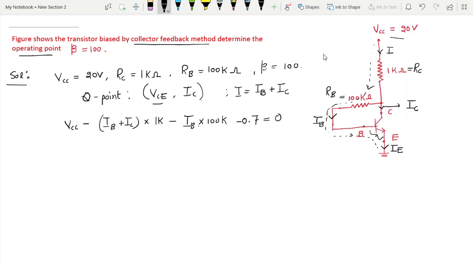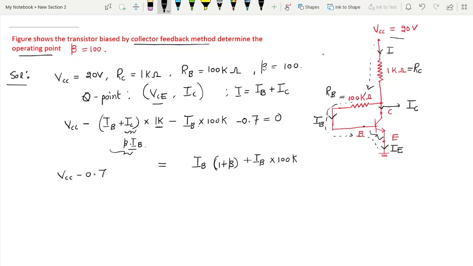You know that IC is beta into IB, so directly I am substituting beta into IB. I will write beta outside: 1 plus beta into 1K is there, and we have IB into 100K equal to VCC minus 0.7.